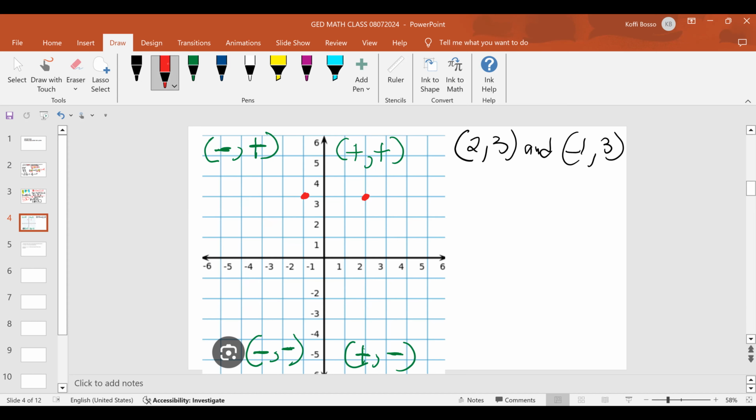So far, so good. This is the first point here, (2, 3). And this is the next point, (-1, 3). Agree? Perfect.